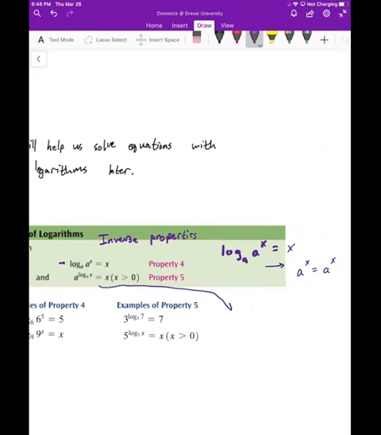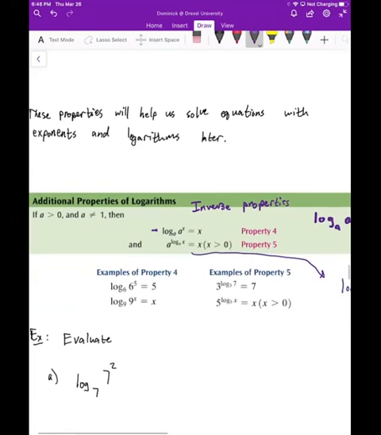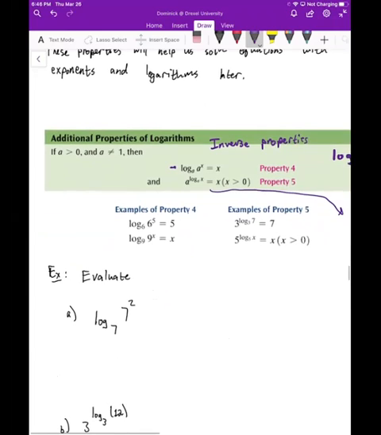And this one, you have a to the log base a of x is equal to x. And if you convert this, this says that again, log base a of x is equal to log base a of x, right? So what does this mean really?